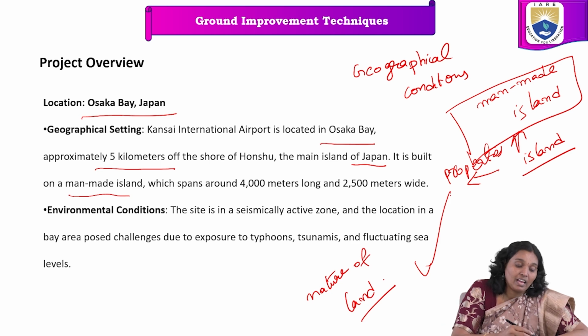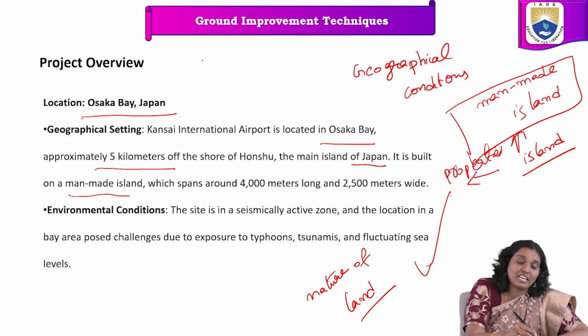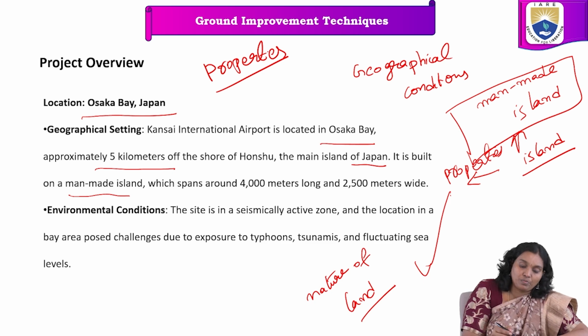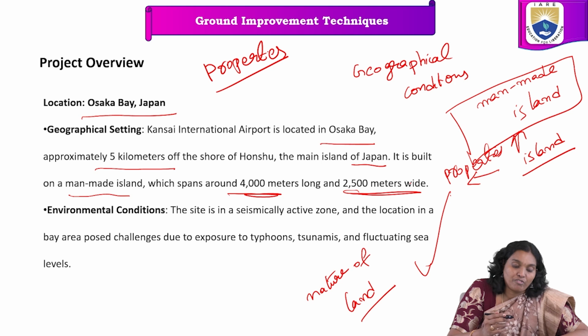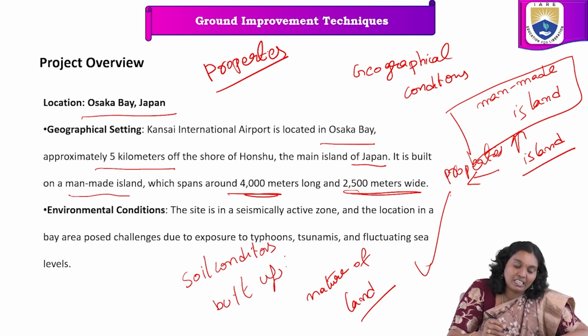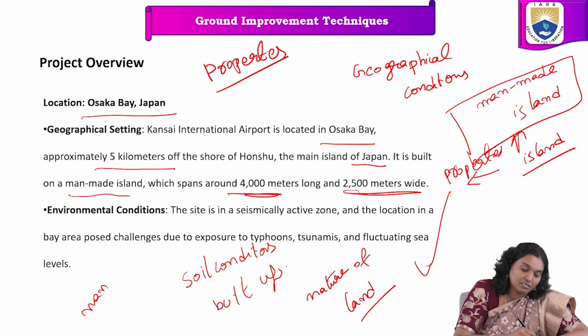One more important parameter is that, since it is man-made, the properties and elements involved in this island are known and recorded, so all the data is there. It spans around 4,000 meters long and 2,000 meters wide. We know what kind of soil conditions are there, and how they built up this man-made island.